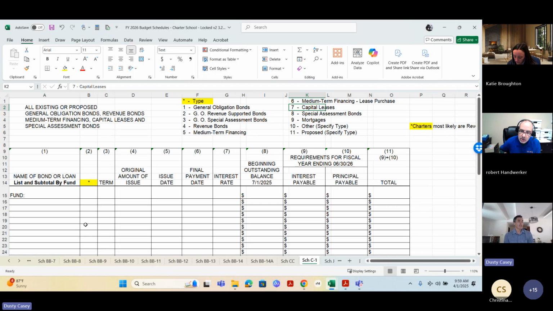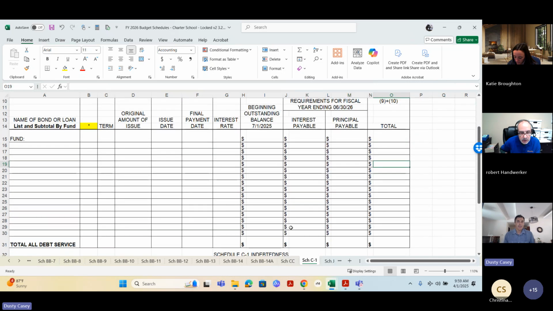I don't really know the answer to that question, but this is where that would go. And then, of course, you're going to say when it was issued, whether it was bonds or when you signed your capital lease, if there's an understood interest rate, your beginning balance, ending balance, interest payable, principal payable, and total. And that goes on this Schedule C1.